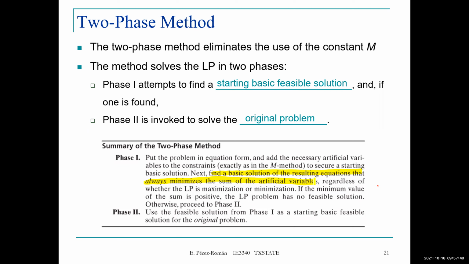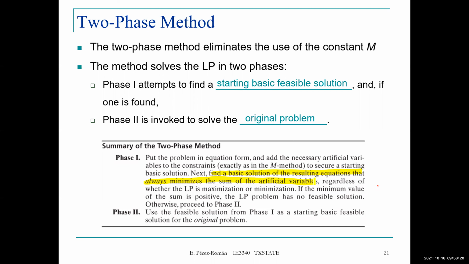If the minimum value of the sum is positive, the LP problem has no feasible solution. Otherwise, proceed to phase two. Once we complete phase one, we use the feasible solution from phase one as a starting basic feasible solution for the original problem.